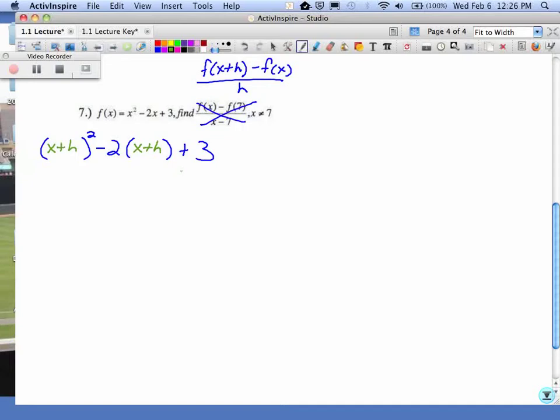Then we're supposed to subtract our function. So right here, we're subtracting x squared minus 2x plus 3. And that's all over h. So that would be the setup of this problem.